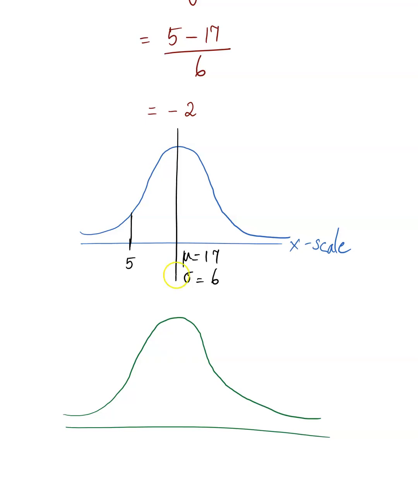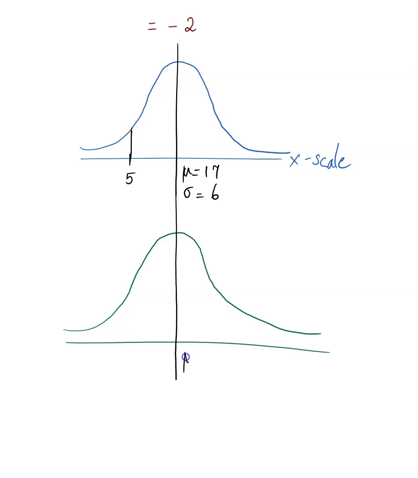The reason I put that again was I'm trying to stretch that mean because they have to match. But remember, this is my z scale, so the mean will always be 0 and the sigma will be fixed at 1. So what we're saying is this value 5 corresponds to -2 on the z scale.